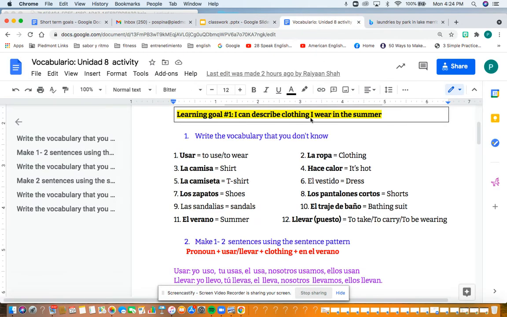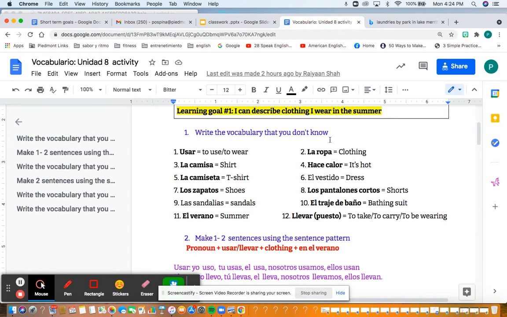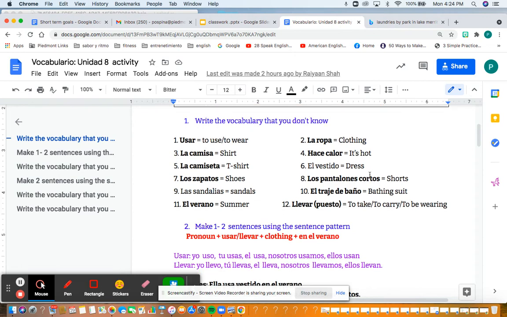Then today I taught you kind of the same pattern, but here we are describing clothing I wear in the summer. So here you have some vocab, and you also have the sentence pattern.